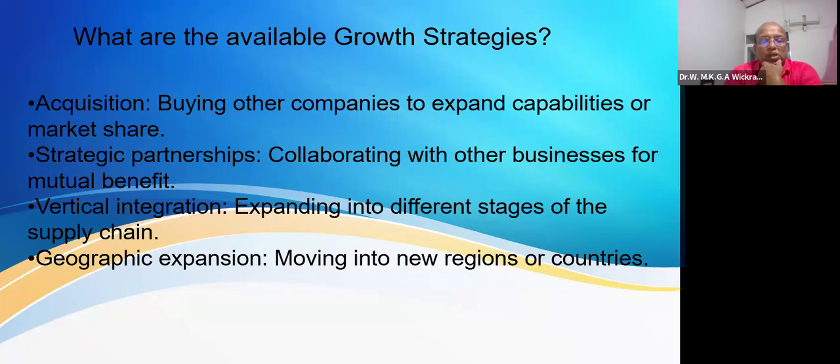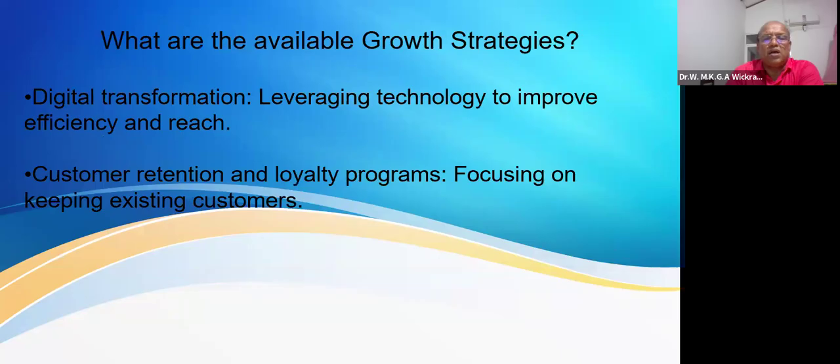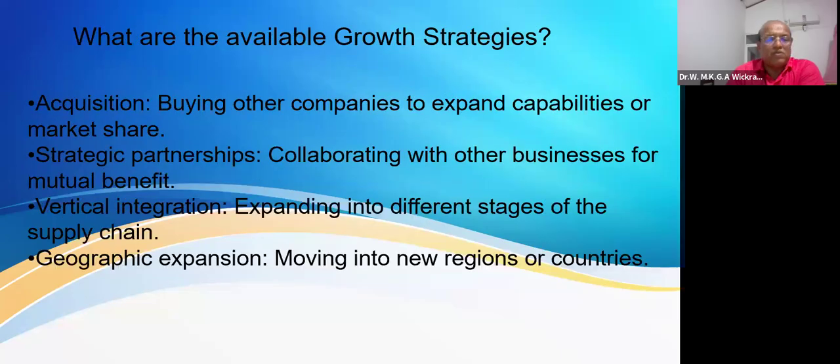So these are the strategies in order to go for higher growth. It means you are trying to increase the wealth of the company. So you can see acquisition, strategic partnership. We'll discuss these things in the latter part of this session, and we'll get more knowledge. I have put examples also.